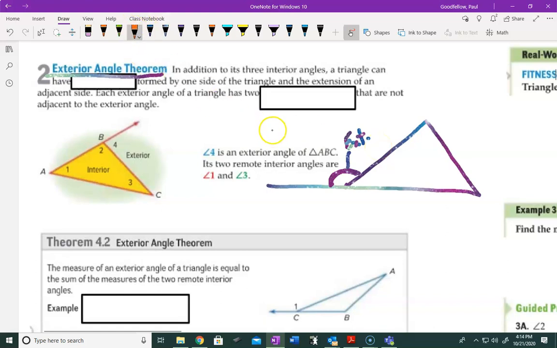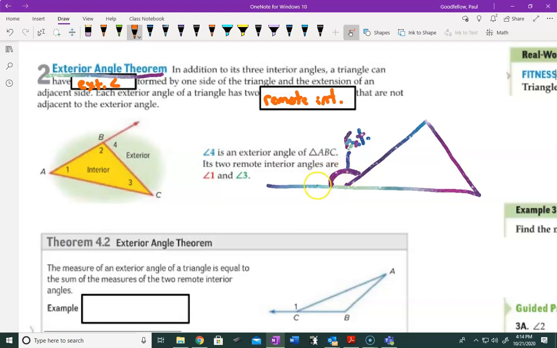It turns out that a triangle can have 3 exterior angles. An exterior angle is formed by one side of a triangle and an extension of the adjacent side. Each exterior angle has 2 remote interiors. I'm going to put here remote interiors that don't touch that one. Now, here's what they're saying.